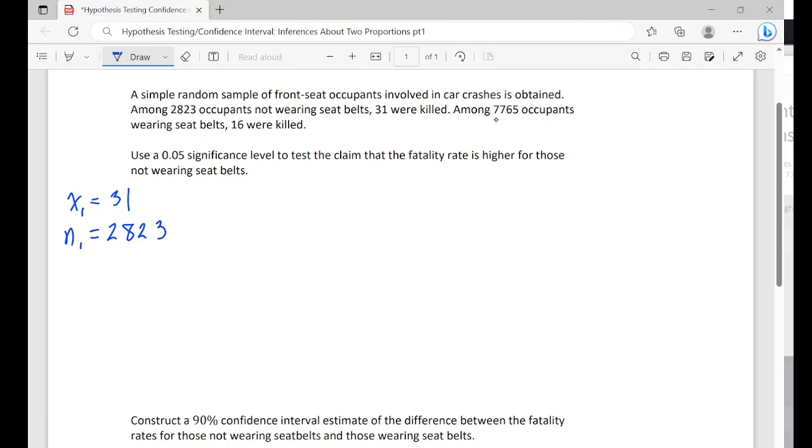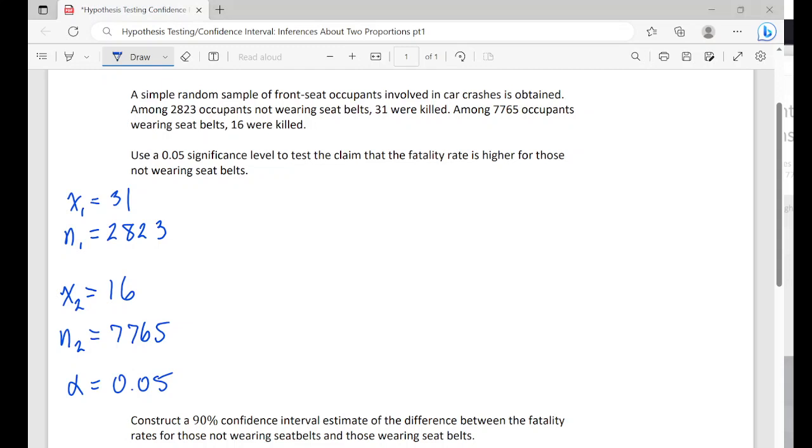Now for the second group, we see that 16 were killed. So second group, we have 16, and the total number in this group is 7,765. We also see that we have a significance level of 0.05, so our alpha value is going to be 0.05.